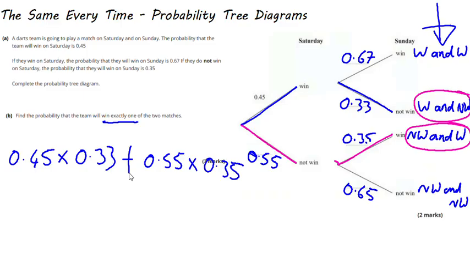Okay, calculator job, so 0.45 times 0.33 plus 0.55 times 0.35, that is going to give me this answer, which is 0.341. And I've said it before, because the question is giving me probabilities in decimals, I'm going to write my final answer as a decimal as well.